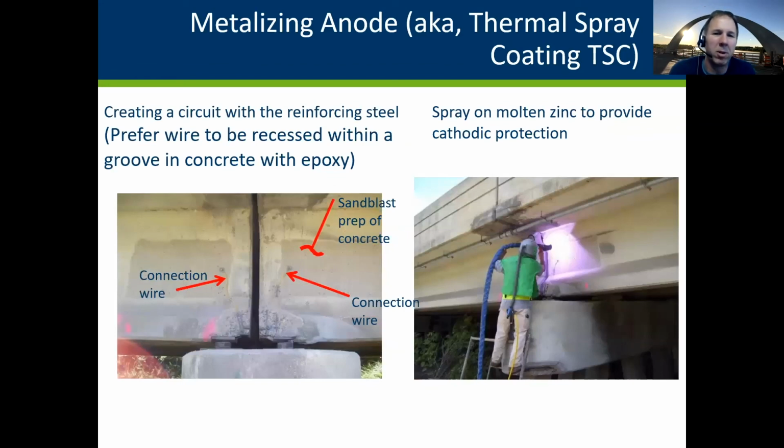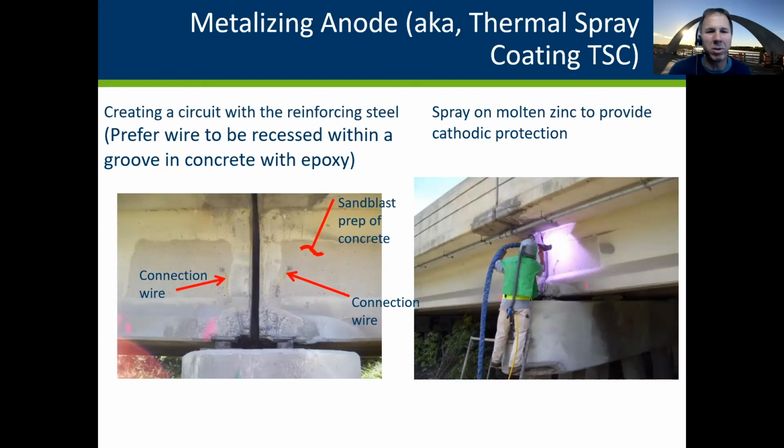So in order to prep this, they're supposed to sandblast the concrete really well, and then that sandblast only lasts about 72 hours at the most. So they should do that just ahead of the metallizing operation. And before they do that, they need to have some sort of connection to the internal steel in the concrete. So sometimes they'll tap into it with a little threaded rod after locating it with GPR.